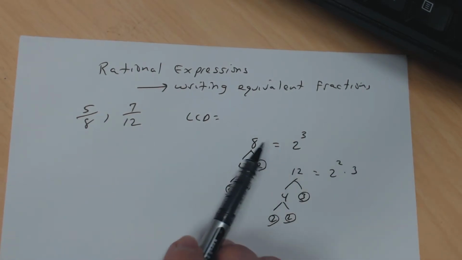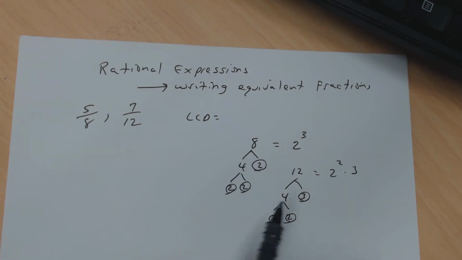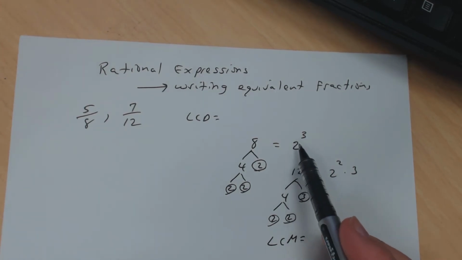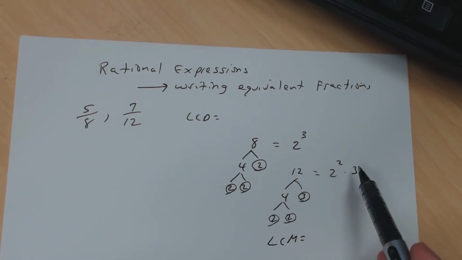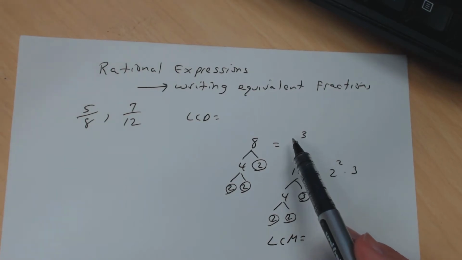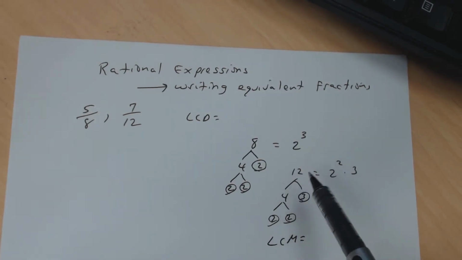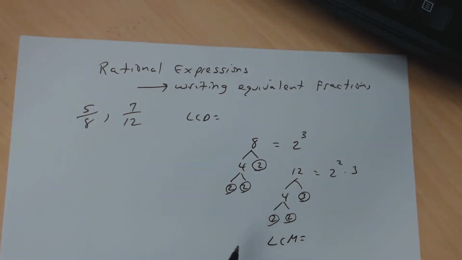The least common multiple of 8 and 12, the LCM of 8 and 12, you look at all your factors. I have factors of 2 in both of them, and really it doesn't matter if they were in both or one of them. It does not matter for the least common multiple. For the GCF, it does matter, but for the least common multiple, it doesn't matter.